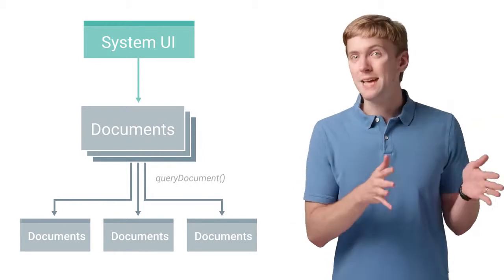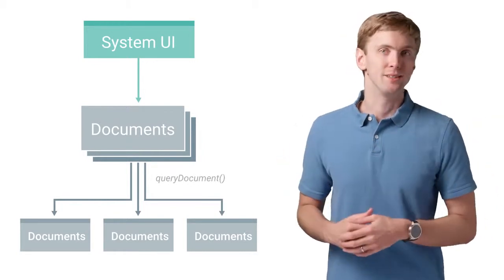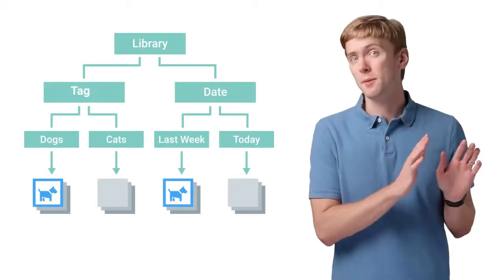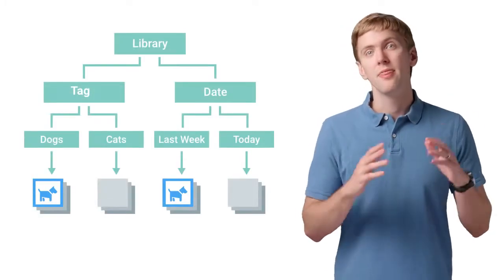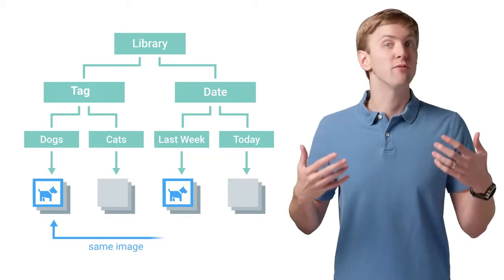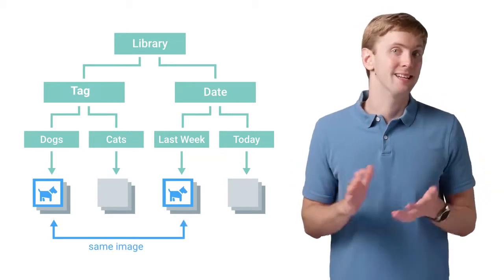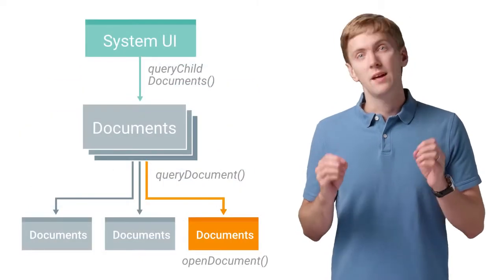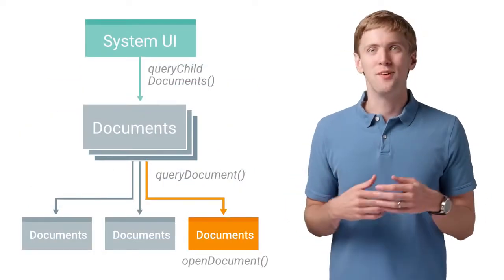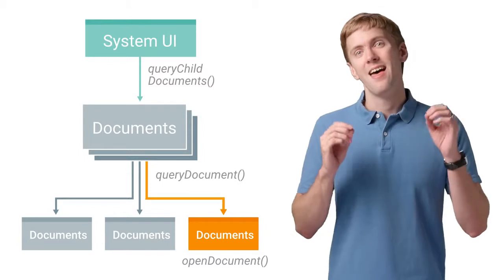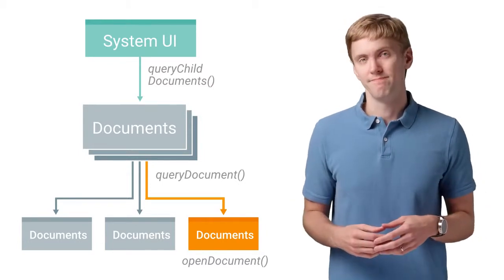It provides the same metadata, just about a single document. It's important to note that while each document ID must be unique, the same document can appear in different directories. Say if you categorize pictures by both tags and date. Then of course you do actually need to provide the document's contents, and that's what open document does.